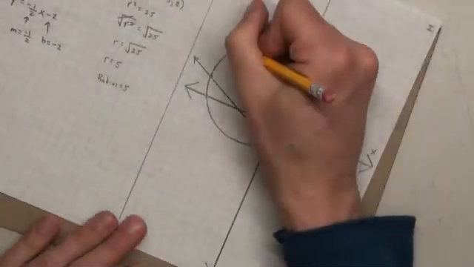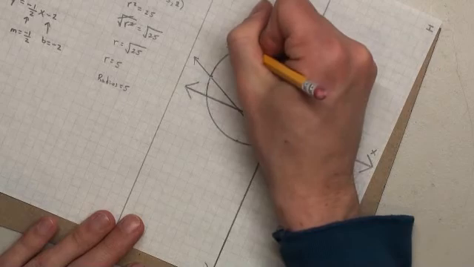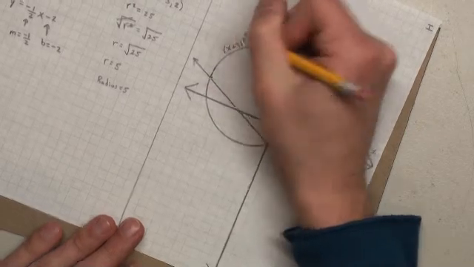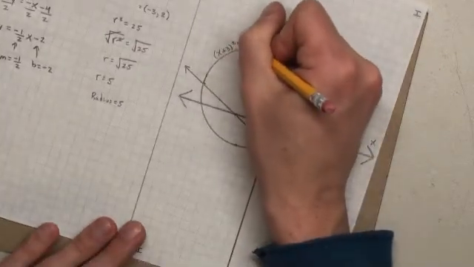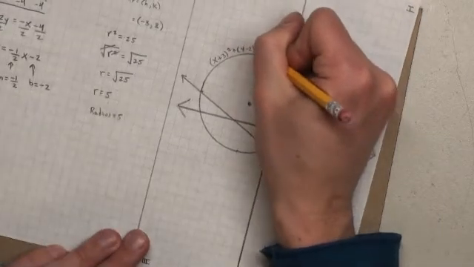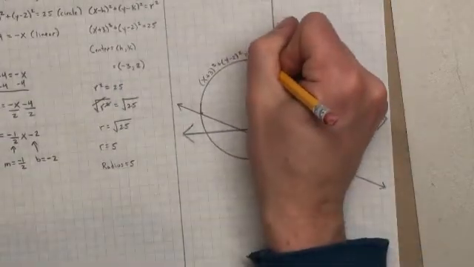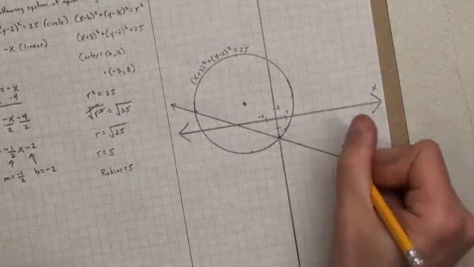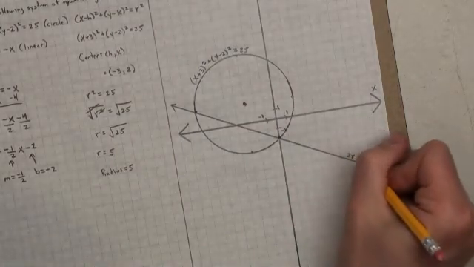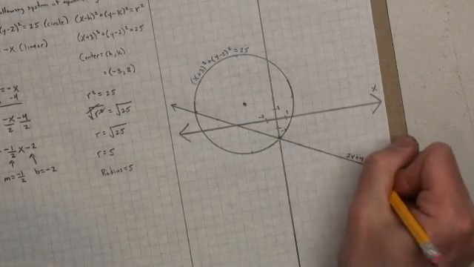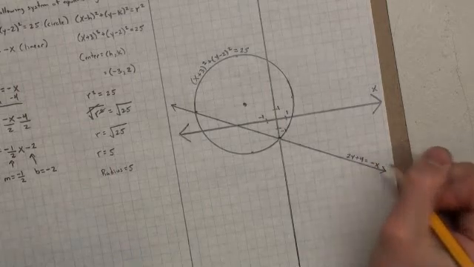So let's put the equation of the circle going around the circle. Let's put the equation of the line on the line. Okay.